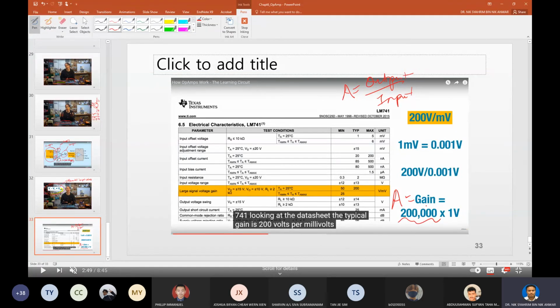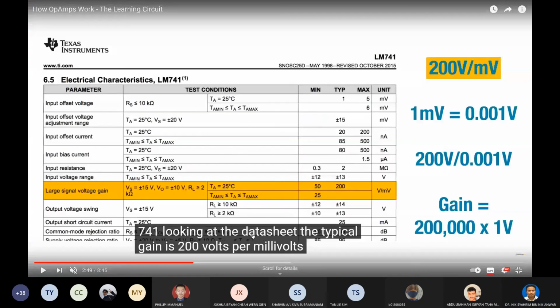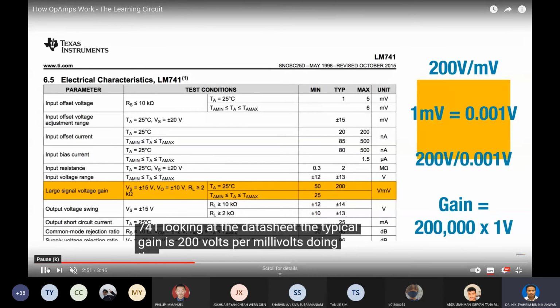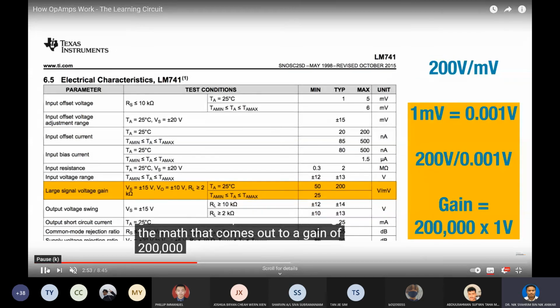If you recall back for BJT, the beta is maybe around 100 or 300. But in the case of op-amp, it's very large. It can go up to 200,000 times bigger. Which means even if you have a very small voltage difference, it will be amplified greatly.